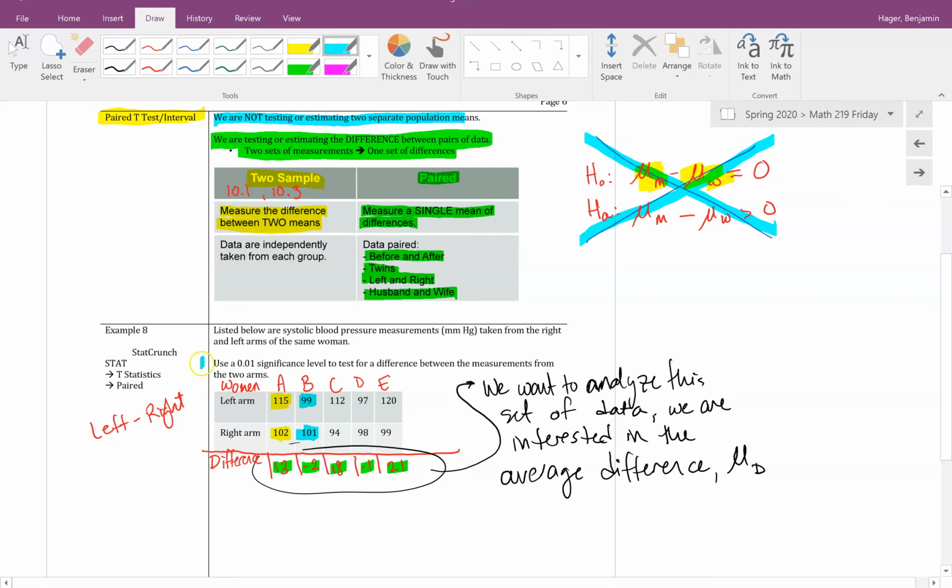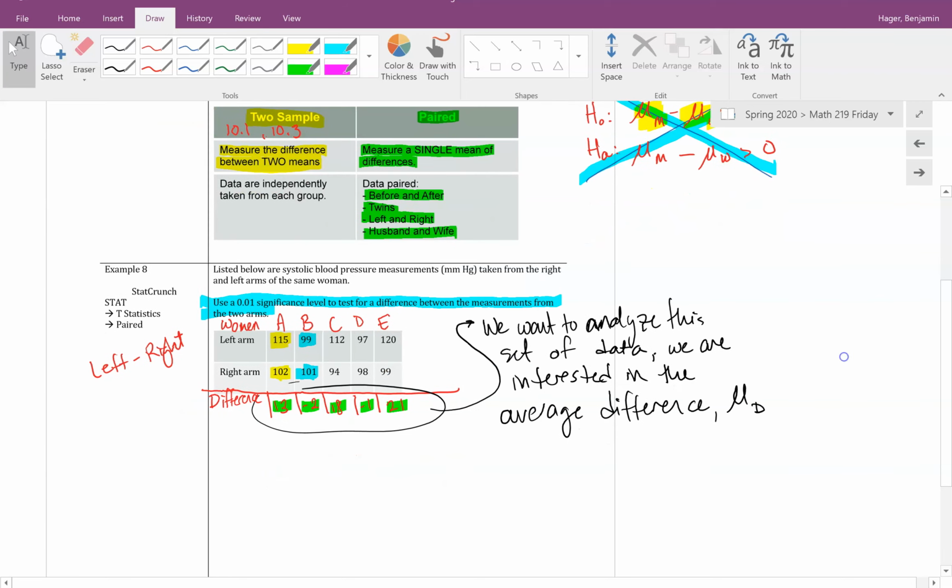It says use a 1% level of significance to test for a difference in the measurements of the two arms. So if I were to do a hypothesis test here, my null hypothesis would be that the average difference in blood pressure between the two arms is 0. Remember, null always has to use an equal sign. And so it would be that there is no difference in the averages.